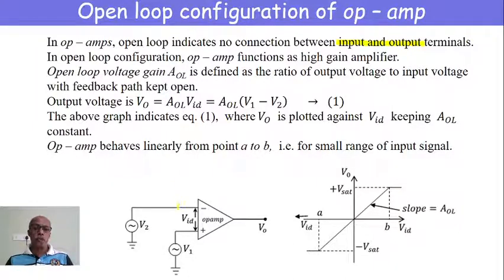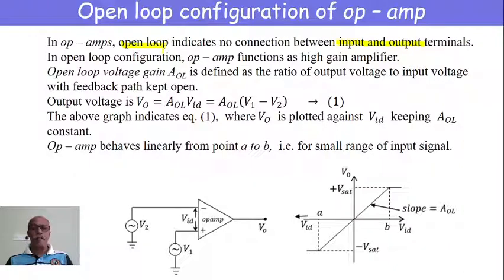There is no connection from the output either to the inverting or to the non-inverting input. If there is a connection from the output either to the inverting input terminal or to the non-inverting input terminal, then it is said to be closed loop configuration. If there is no such connection from output to either of the input terminals, then it is said to be in open loop configuration.